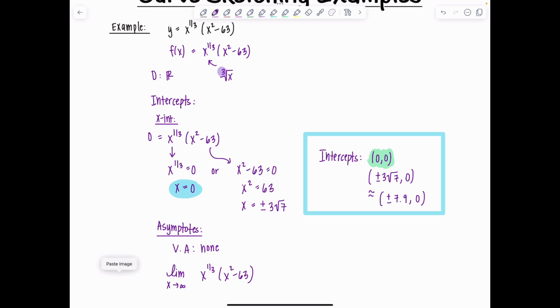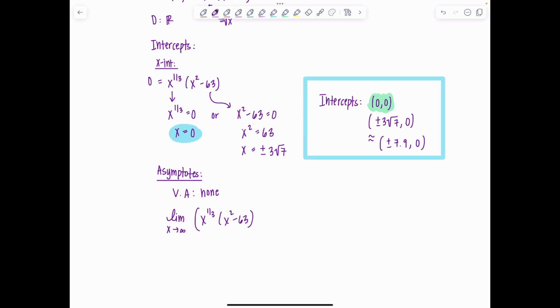As x approaches infinity, x to the 1/3 is going to infinity. x squared minus 63 is also going to infinity. Minus 63 does very little. And infinity times infinity, everything's just going to positive infinity. So that means the graph is going up, up, up, up, up.